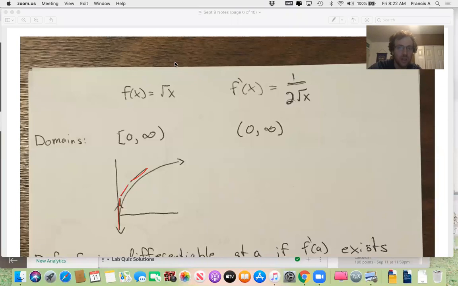And actually, if you look right at 0, it looks like the tangent line should actually be vertical, which is graphically something that makes sense. If you want to draw the line which is kind of in the direction of the graph there, it just hits that part of the graph at that point 0.